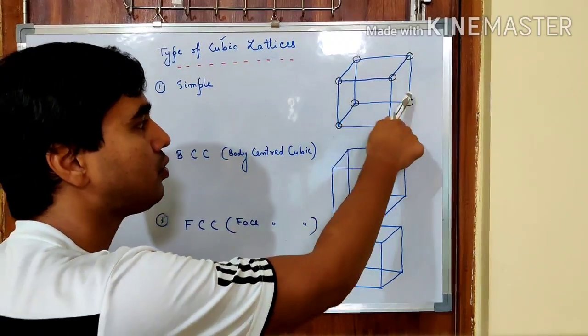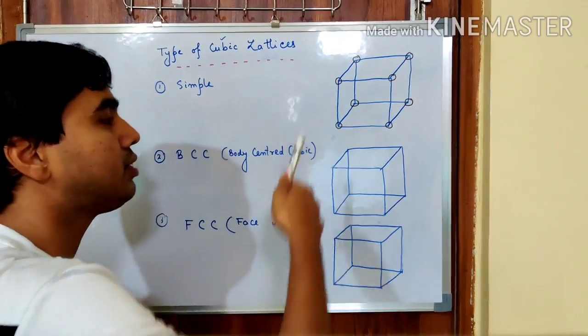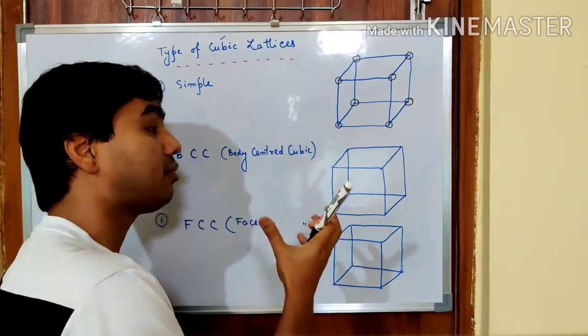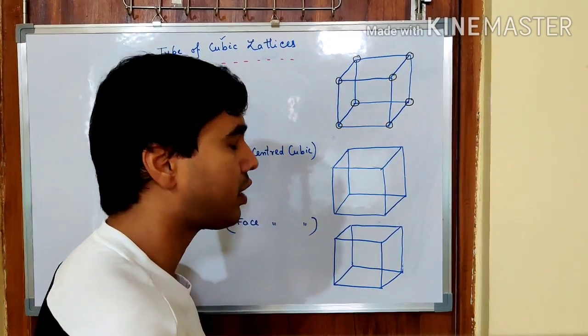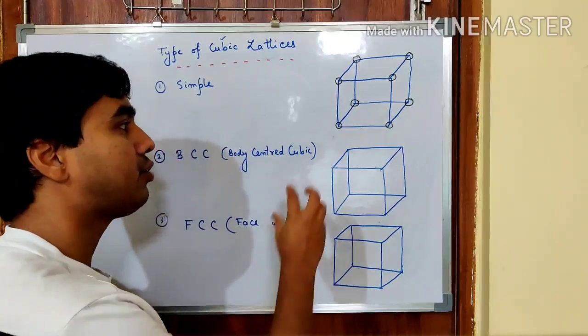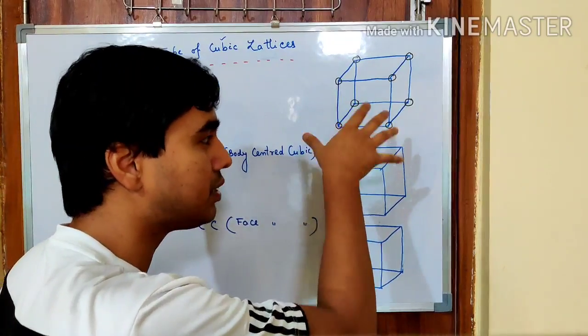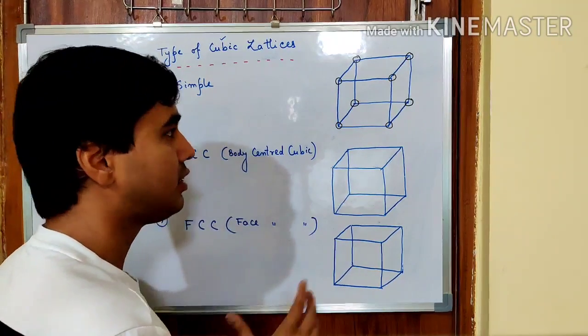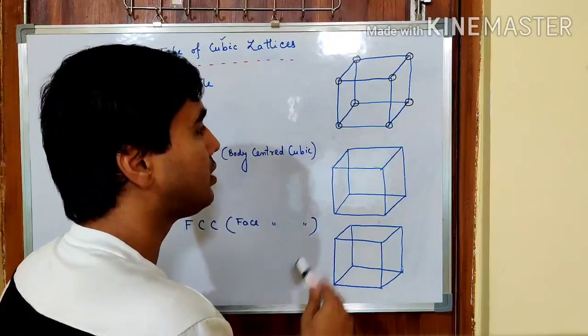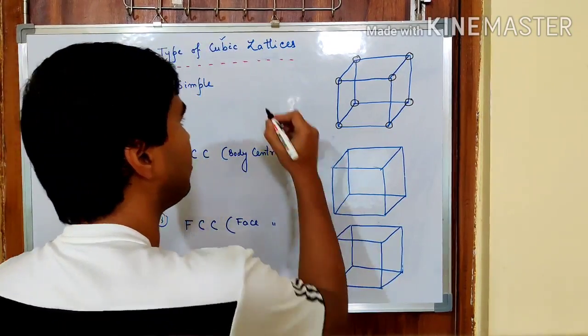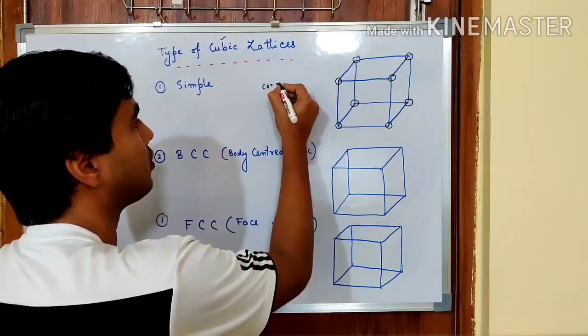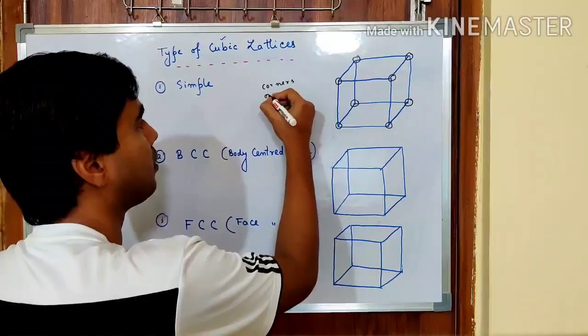So you can see 1, 2, 3, 4, 5, 6, 7, 8 atoms can be present. Not 8 atoms, the full portion of it is not there. We are going to see the calculation that actually how much of an atom is actually present within a unit cell. That is a separate discussion altogether. But you can see they are occupying the corners only. So we can say corners only.